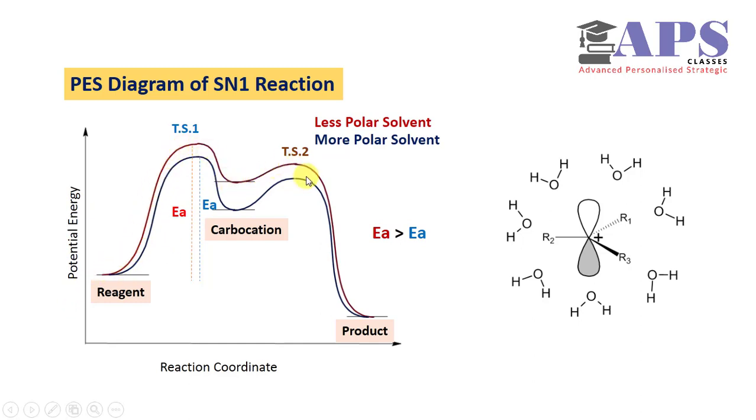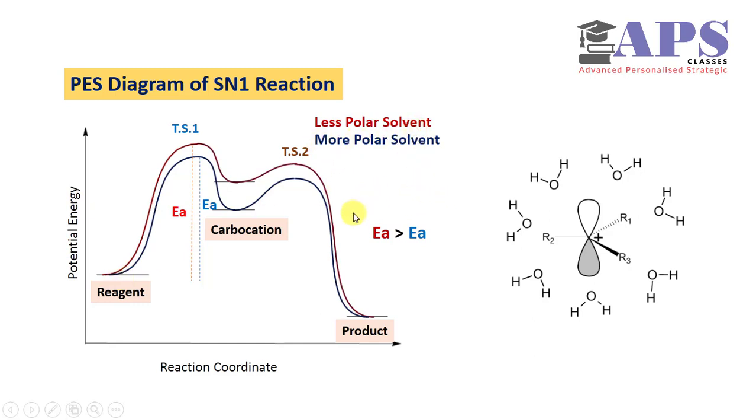This blue line represents the more polar solvent and the red line represents the less polar solvent. So in presence of the more polar solvent, we can clearly see that the extent of decrease of potential energy of the transition state is more compared to the extent of decrease of potential energy of the reactant. So activation energy will get decreased compared to the less polar solvent.